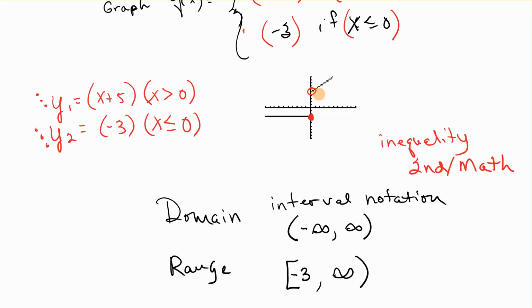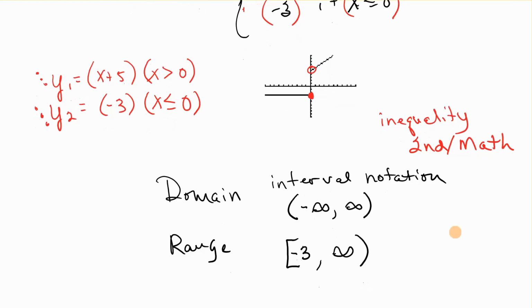Now it does have a y value for every number, but it does stop at -3. Their y value is not going to be less than -3. And we have the bracket because of the closed circle there. So if you had to do that, be sure that you know how to do that.